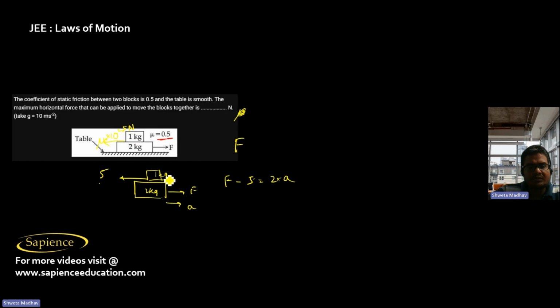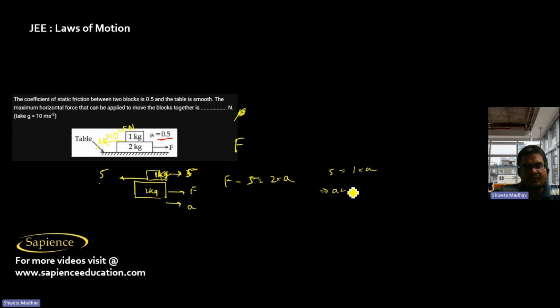And the 1 kg block which is placed above it, this will be 5 Newton, which is the friction. 5 Newton is equal to ma, 1 into a.